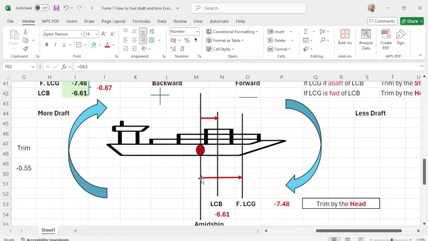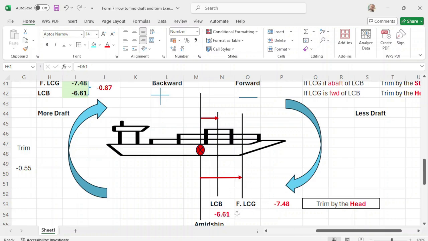So from amidship, you measure forward up to this line, which is your vertical of buoyancy, negative 6.61. Meaning, the forward LCG is forward of LCB. So LCB is behind the forward LCG.